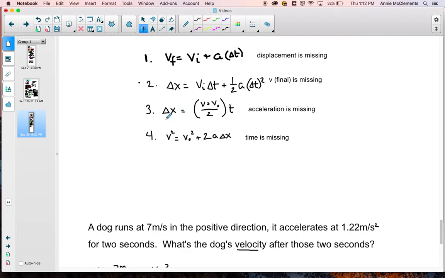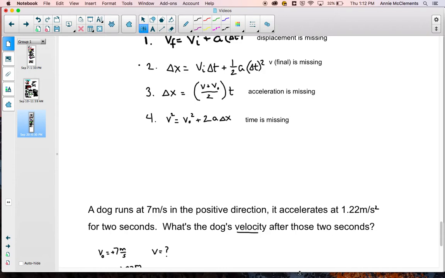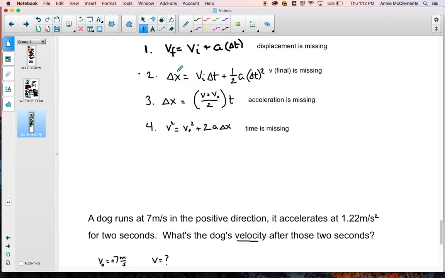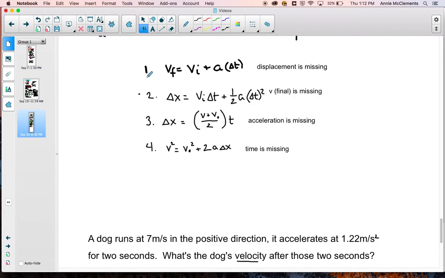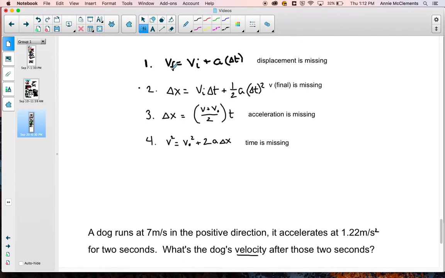And I'm also not concerned with it. They haven't asked me to solve for the displacement, and I don't have a value there. So I don't want to use 2, 3, or 4, because this displacement variable shows up there. That leaves me with number 1. Oh, and how convenient, it's already solving for my final velocity.